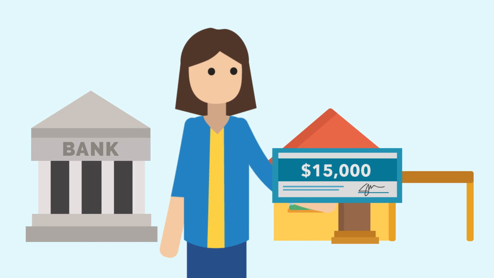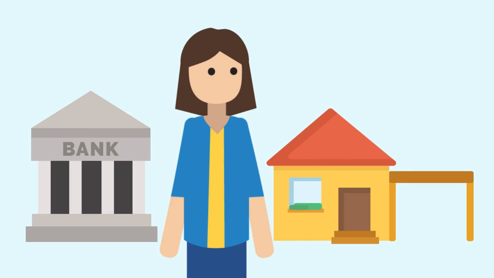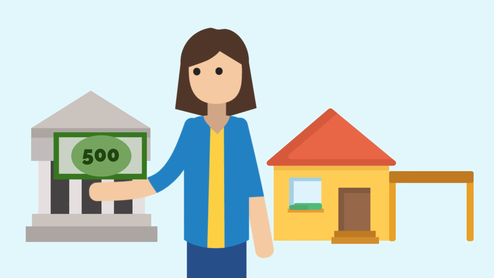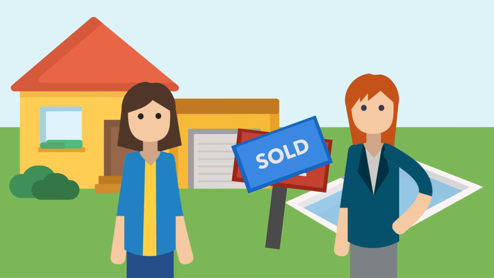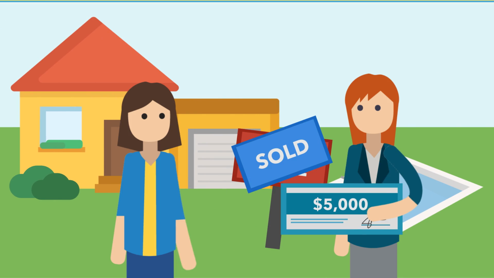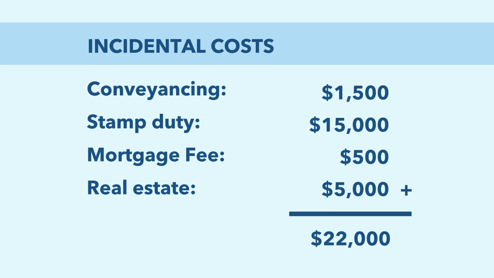She also paid $15,000 in stamp duty and incurred a $500 mortgage application fee. Later, when she sells the property, she pays her real estate agent $5,000 in commission. Assuming she had no other incidental expenses, the second element of her cost base would be $22,000.